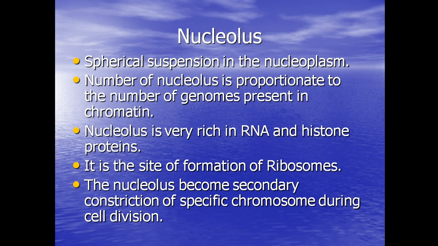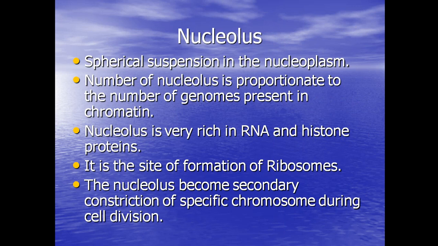The nucleolus, though it is a suspension within the nucleoplasm, is very rich in RNA, the ribonucleic acid, and histone protein. The nucleolus is always rich and acidic because of ribosomal RNA, and there are histone proteins.